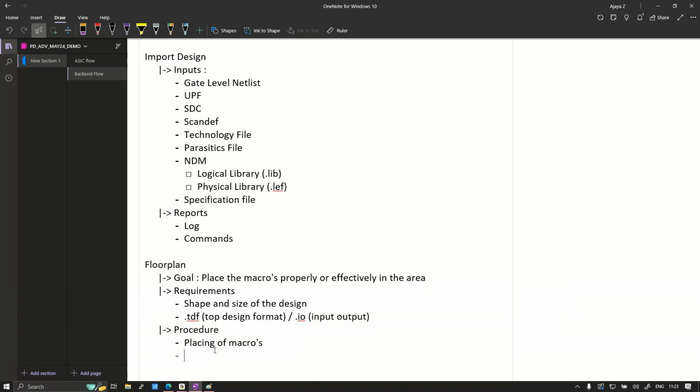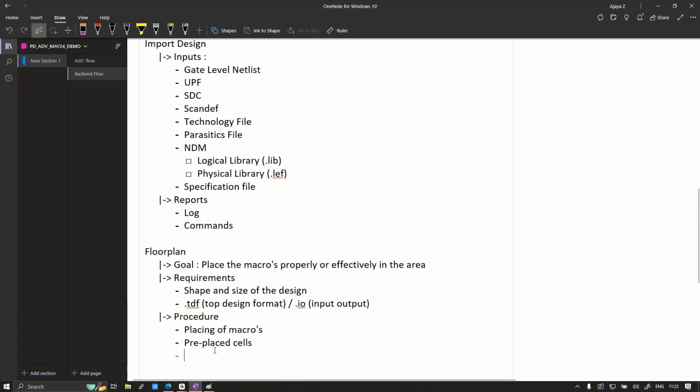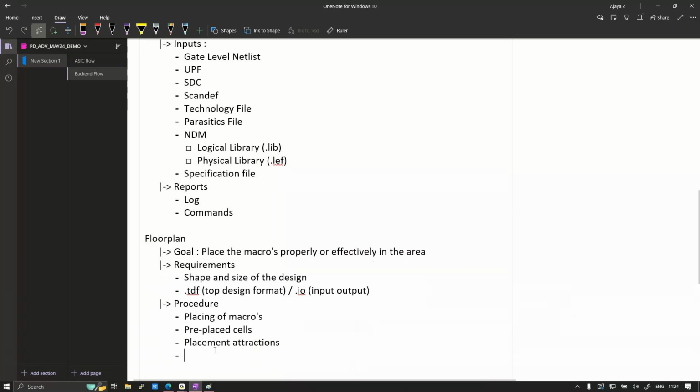Okay. And also we will be having a concept called pre-placements, the cells to be inserted before going into the next stages. What cells should be inserted, what the different types of pre-placed cells are, that we will also discuss later in the advanced classes. And also placement restrictions. In this, we have blockages, keep-out margins, routing blockages, all that.